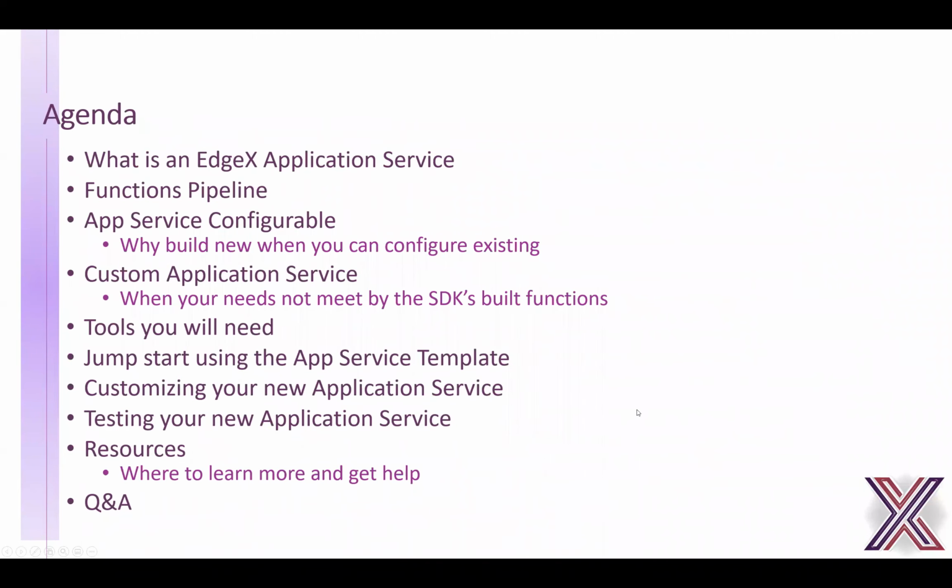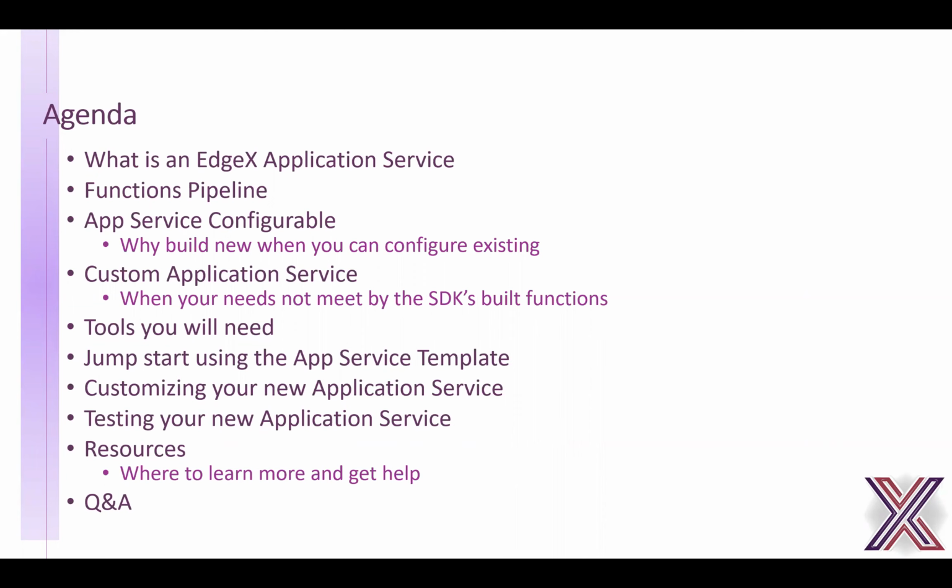So the agenda today, at a high level, define what an EdgeX application service is, which is really centered around the functions pipelines. We'll talk about that. And then we'll talk about the couple types of application services you can have in EdgeX. So we have a configurable, and then you can build a custom one. And then we'll talk about the tools you will need to build your custom application service and how to jumpstart the creation of your application service using the app service template.